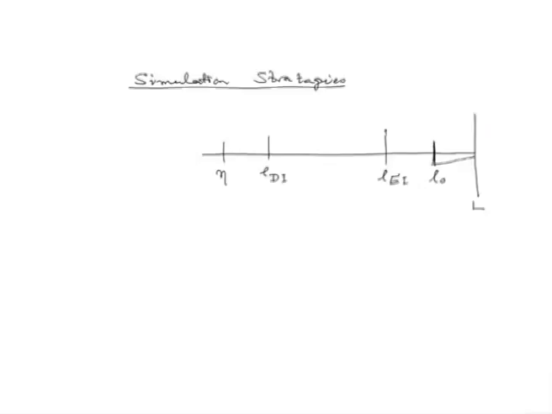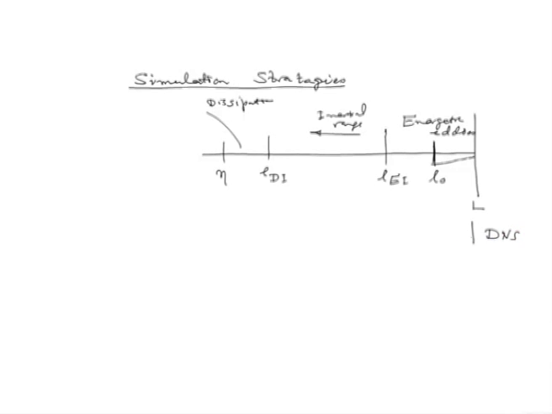So, let us note down our ranges. This is the range of energetic eddies, this is our inertial range, and this was our dissipation range.